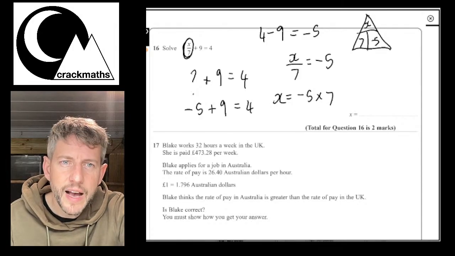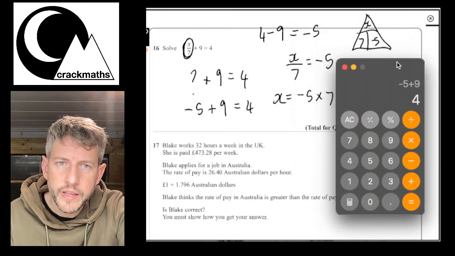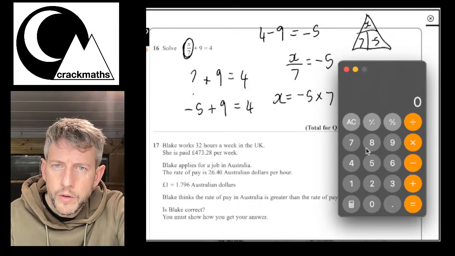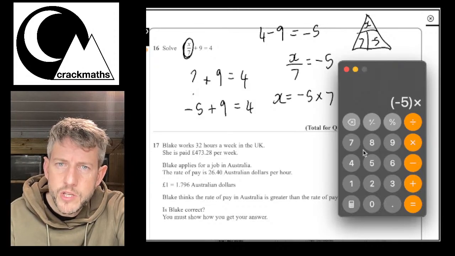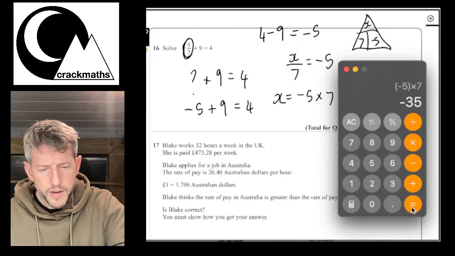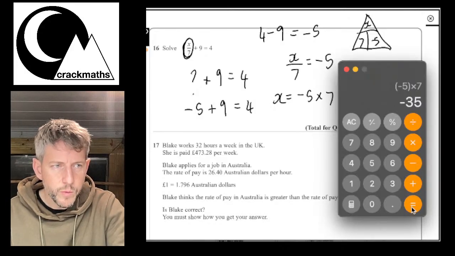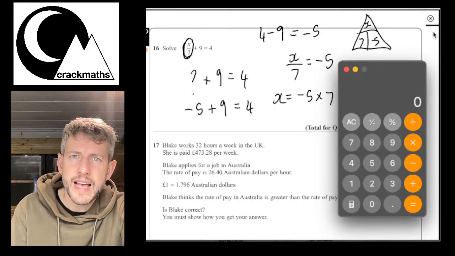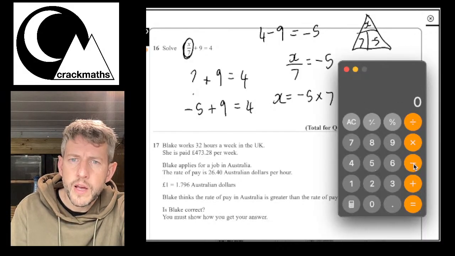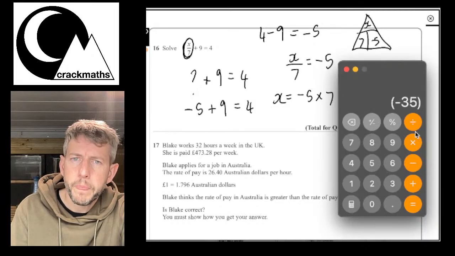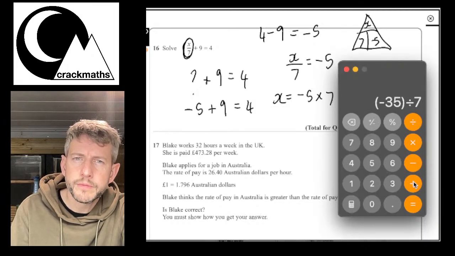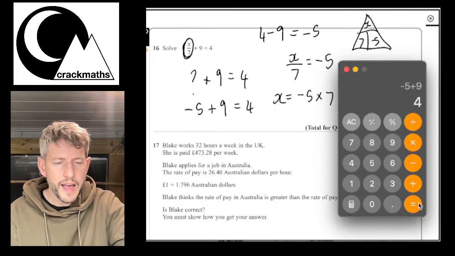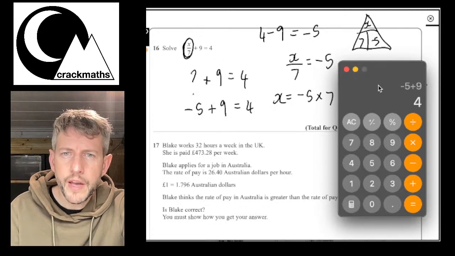Let's see what minus 5 times 7 gives us. It equals minus 35, so x equals minus 35. We can double check this: minus 35 divided by 7 equals minus 5, plus 9 equals 4. So that is correct. Okay, great.